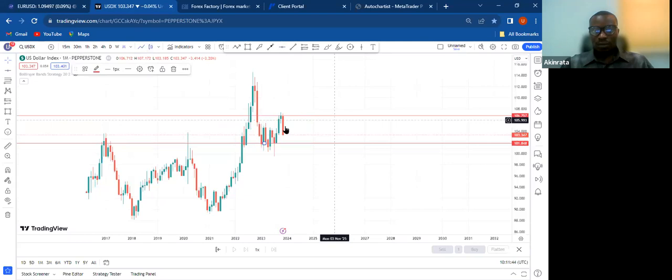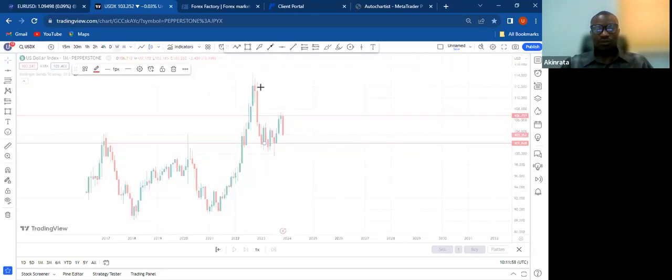Definitely price broke through this area, rejecting this zone, then we are heading down to 101.848. So literally, we have that dollar is bearish. Okay, dollar is bearish. So we're looking towards selling of dollar.